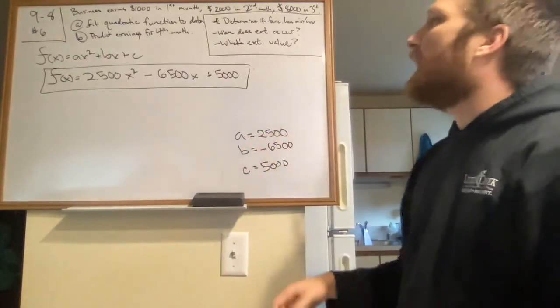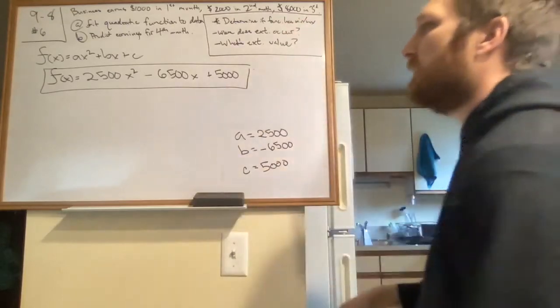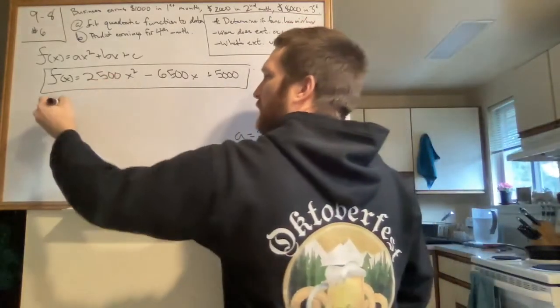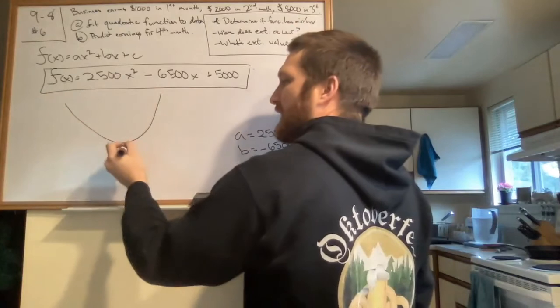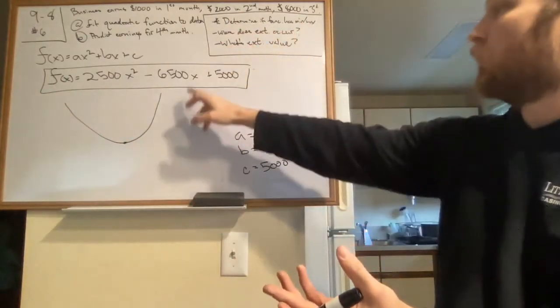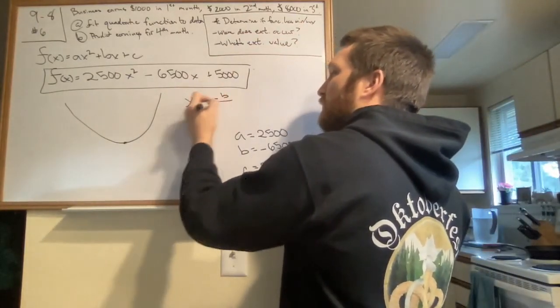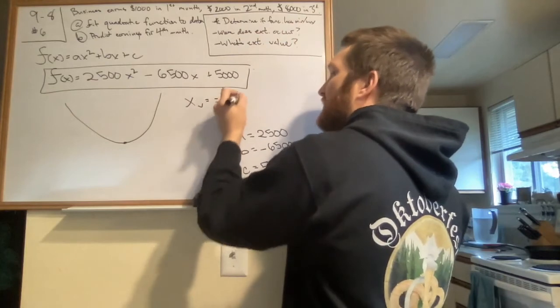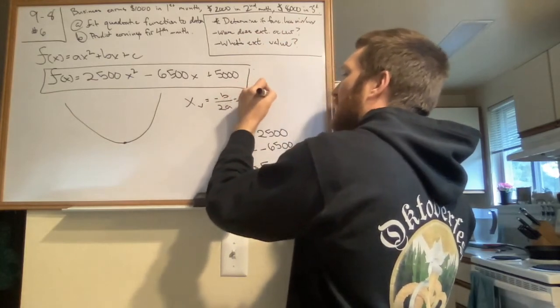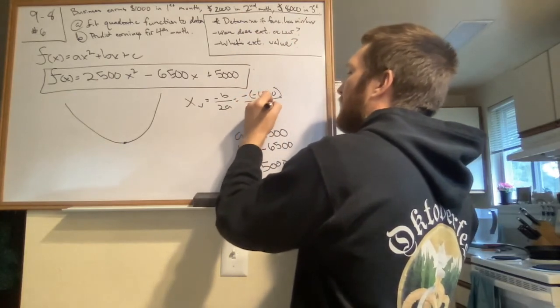Okay. Now, we could go ahead and take care of this stuff. Determine if the function has a min or a max. Well, this means it's an upward facing parabola, so it has a minimum value. Let's find what it is. Where does it occur? Well, we know that it occurs at its vertex, which is at -b/2a, which is -6,500 over 2 times 2,500.